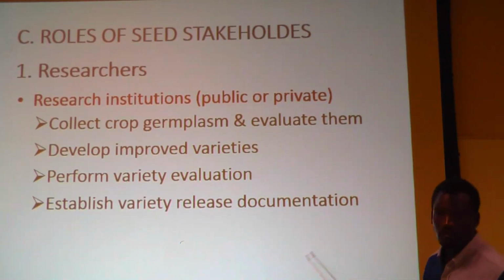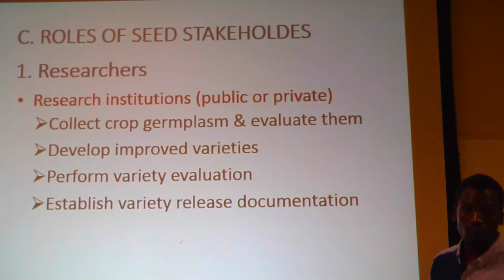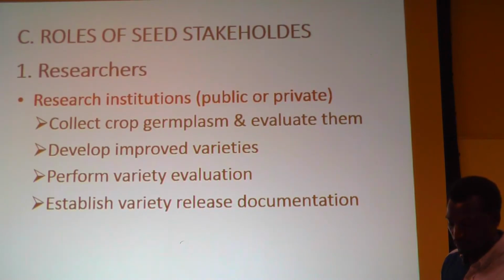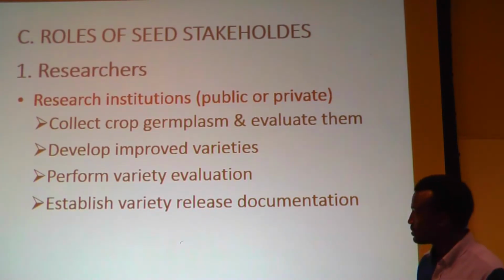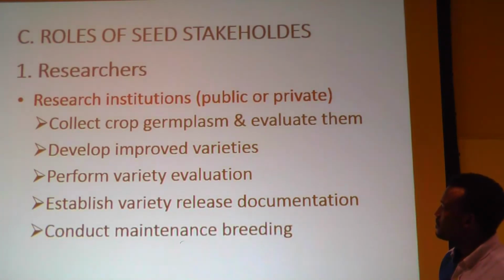So these are the documents that have to be produced before a variety is released. For example, variety descriptors, a document that describes a variety, documenting the information on a variety, their characteristics and their performance capacity.